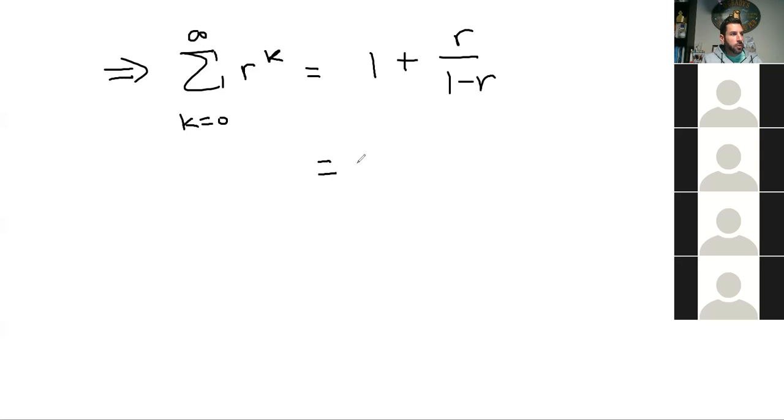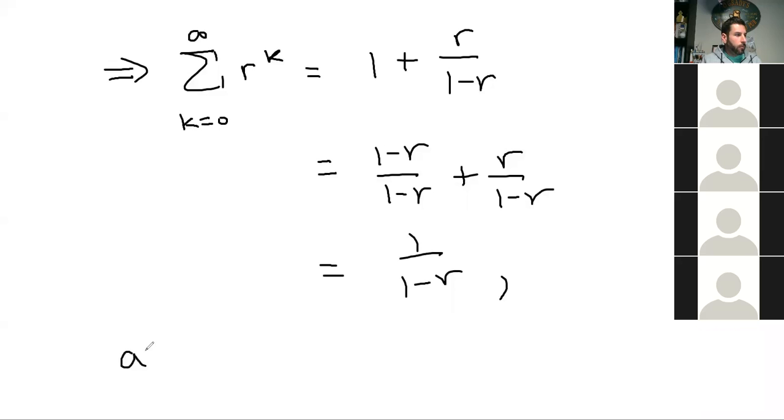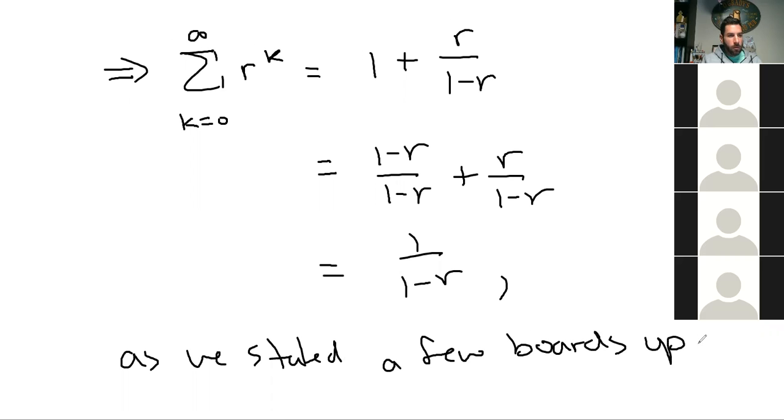So now I have a number, so let's write 1 as 1 minus r divided by 1 minus r. And so if I add these together, I get this, as we stated a few boards up. So now that's where the formula comes from: if you start at 0, it's 1 over 1 minus r.